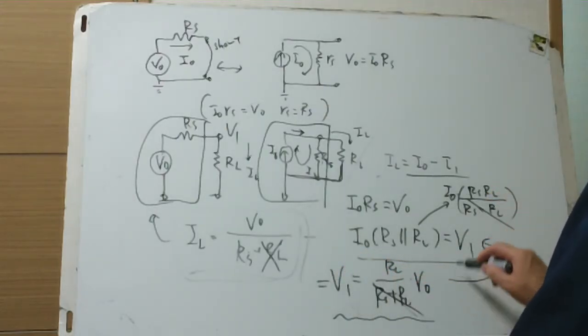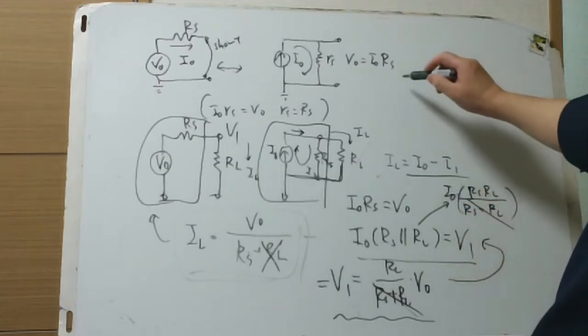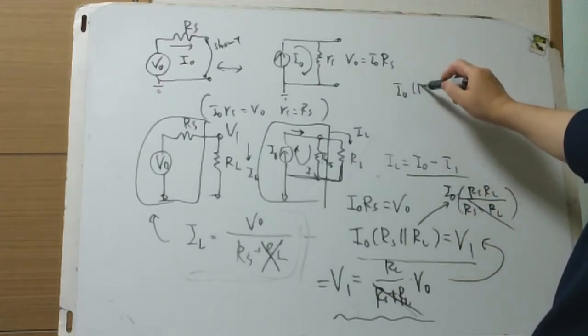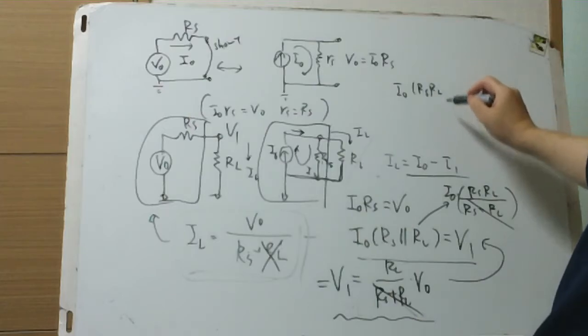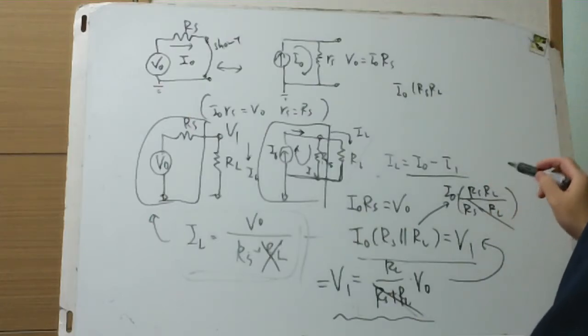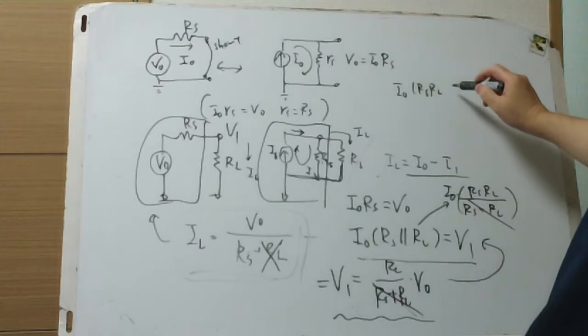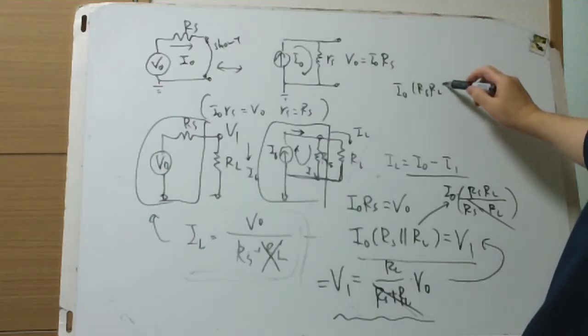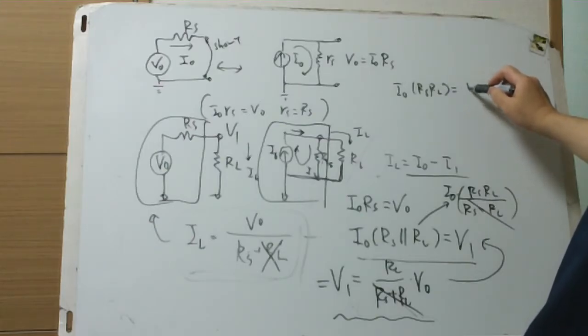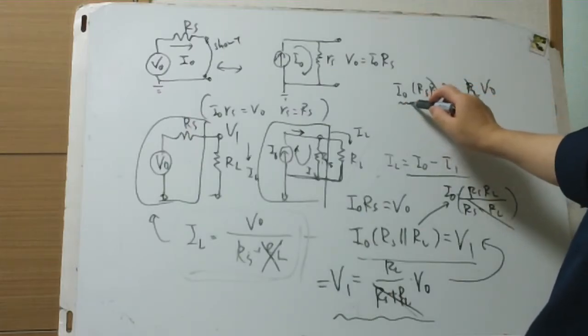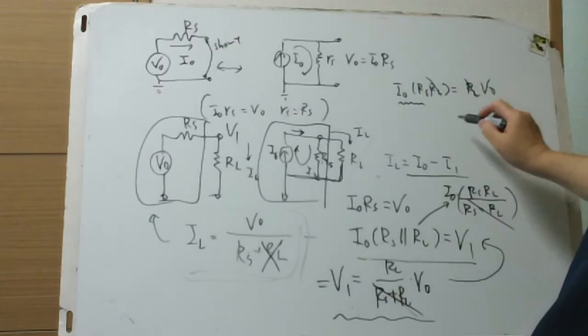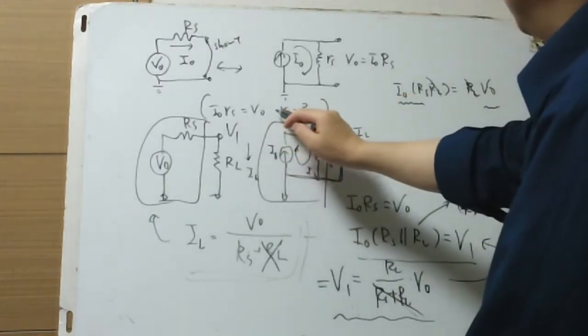So IO and V1, in IO RS RL, okay, 1 over RL equals RL, VO, RL cancel. So IORS equals VO. IORS equals VO.